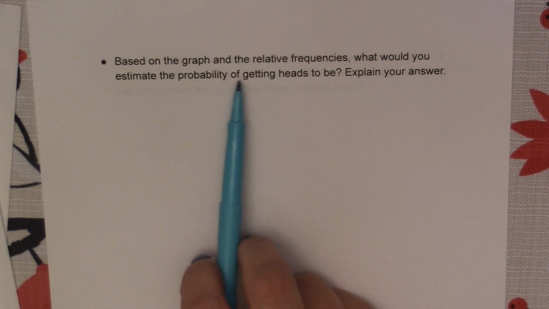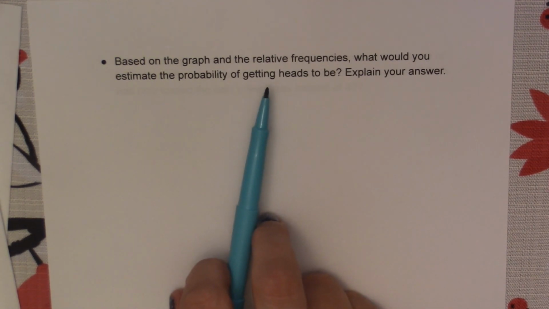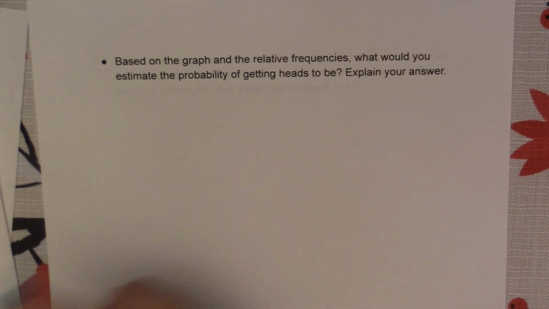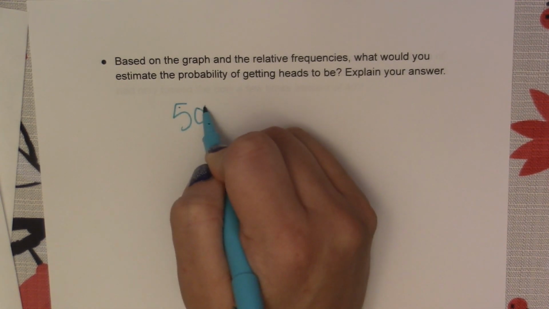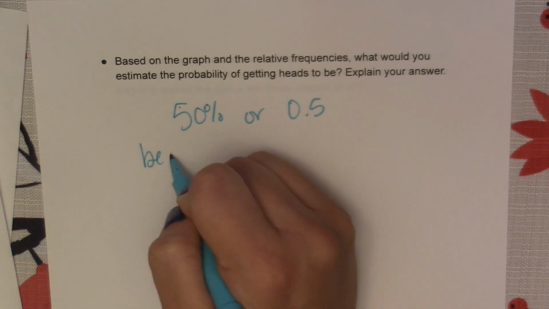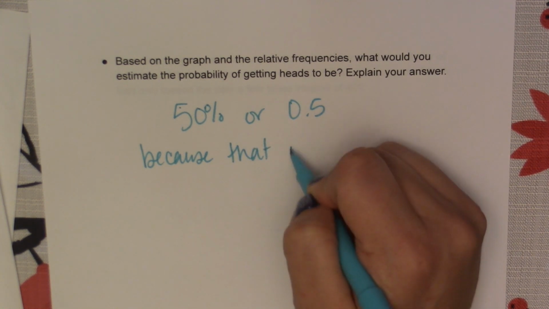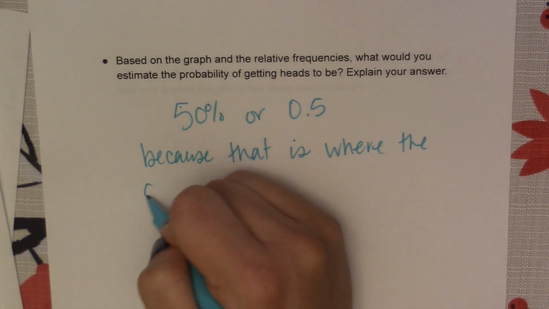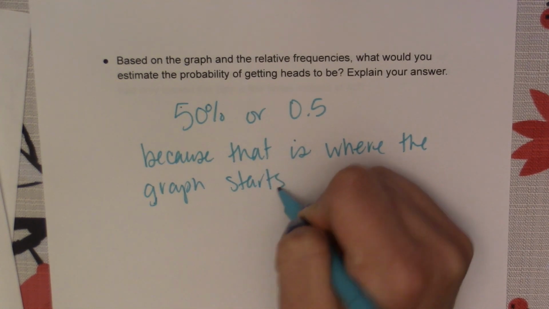Based on the graph and the relative frequencies, what would you estimate the probability of getting heads to be? So again, because we're getting close to that 0.5, I would estimate that probability to be 50% or 0.5 because that is where the graph starts to level out.